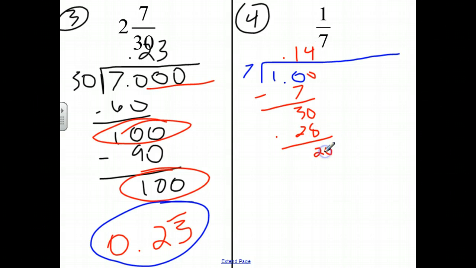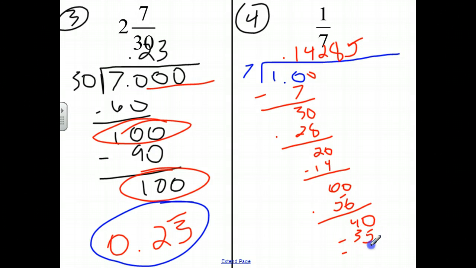That leaves 2, which becomes 20. 7 into 20 goes twice, with 14, leaving 6, which becomes 60. 7 times 8 is 56. 60 minus 56 is 4, which becomes 40. 7 into 40 is 5 times, because we have 35.